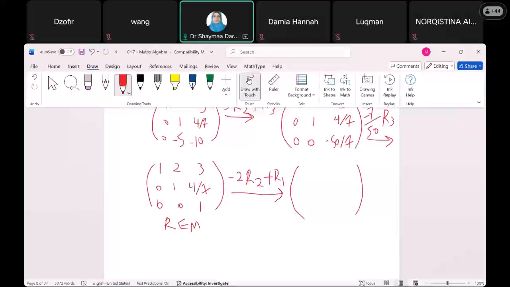So here, minus 2 times 0 plus 1, we still have 1. Minus 2 times 1 minus 2 plus 2, we have 0. Minus 2 times 4 over 7 means minus 8 over 7, plus 3, which I think is 11 over 7, if I'm not mistaken.